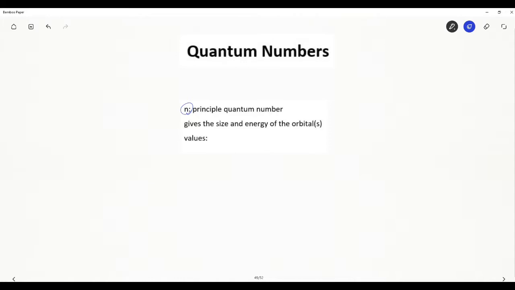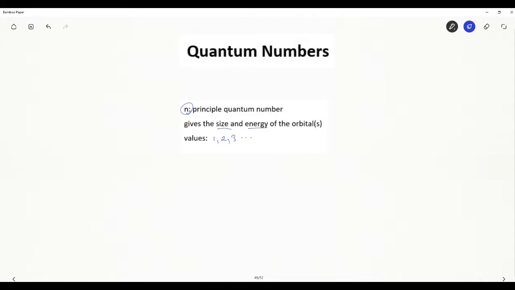Now, n gives us the size and the energy of the orbital, or as we'll see sometimes, multiple orbitals. The values for n start at 1 and simply count up from there. The larger the size of n, that means that your orbital is also larger in size and has a higher energy.